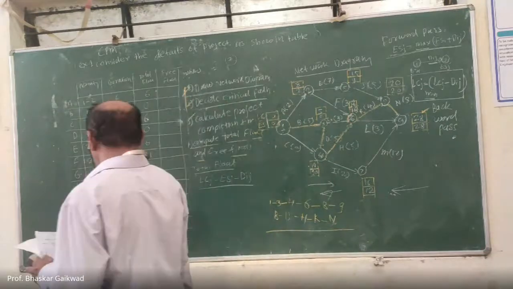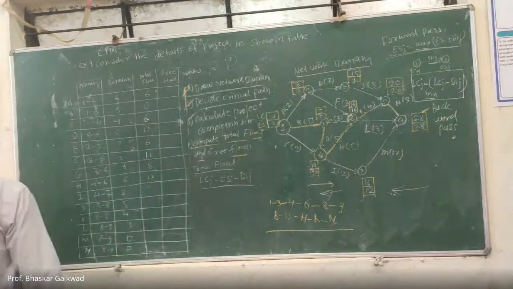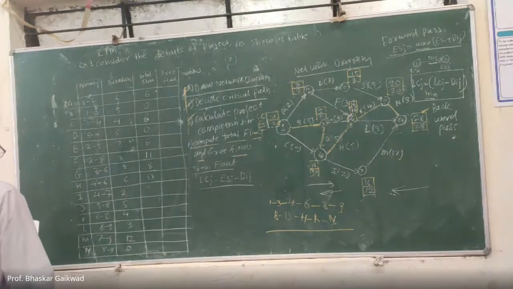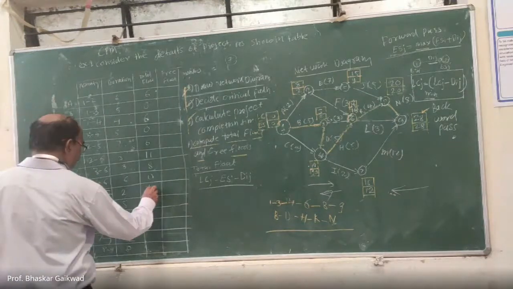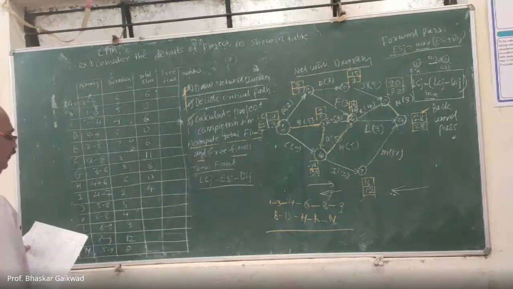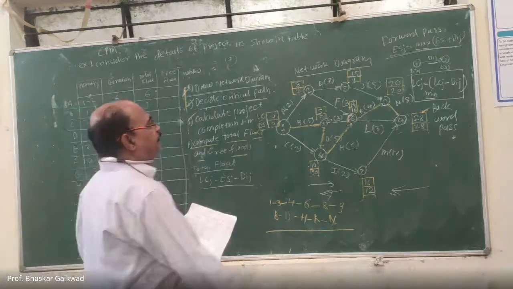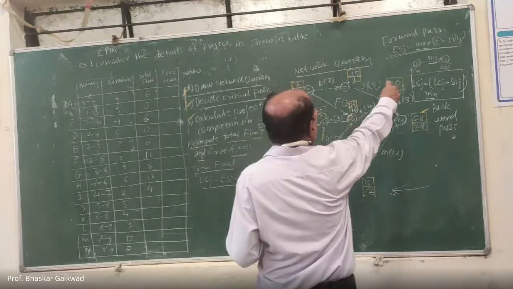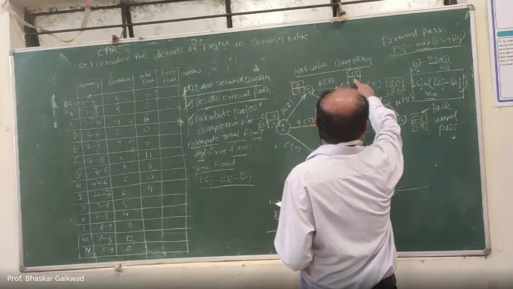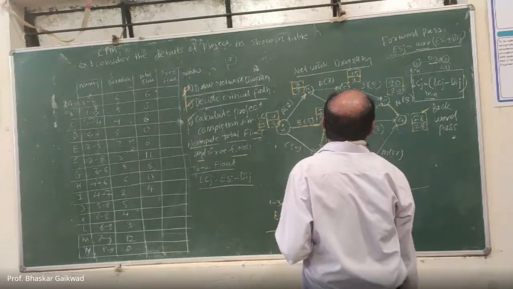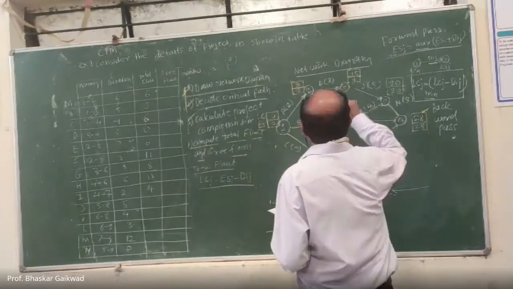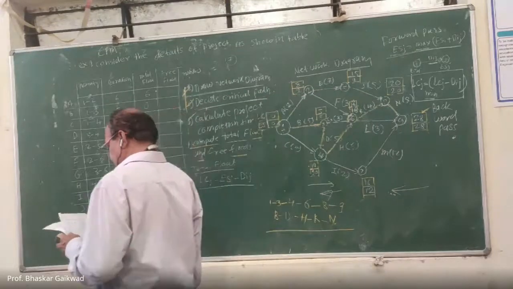So here I, that is the 4. You can write here 4. Then J. J activity, 5 to 8. So this is the 20. 20 minus 9, 11. 11 minus 5, 6. So here it is 6.